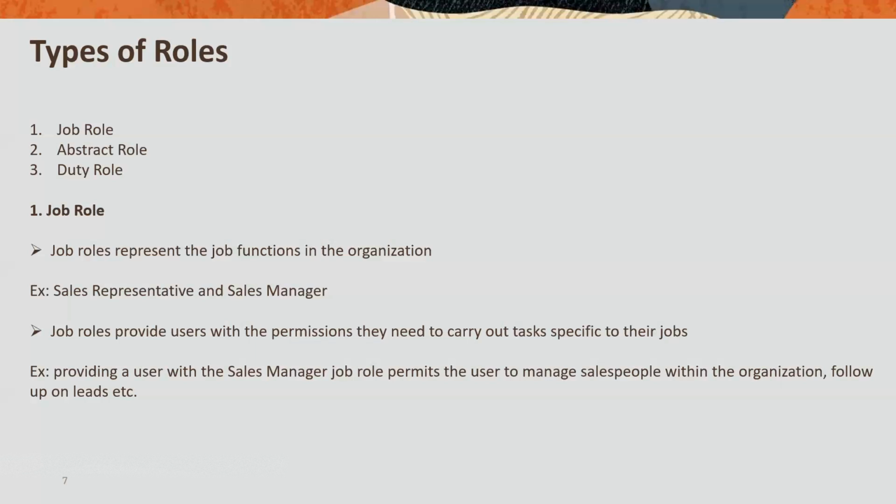All these sets of actions will be given in this sales representative role. And once we assign this sales representative role to a user, he will get all these accesses.